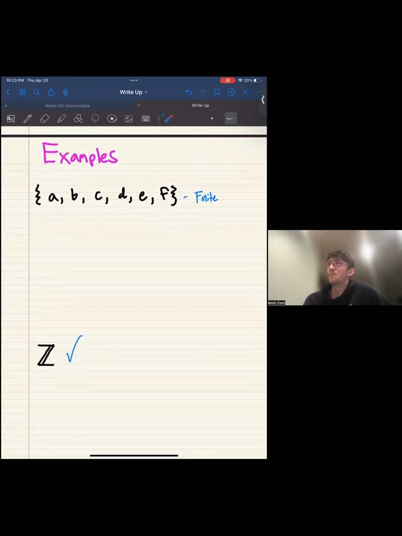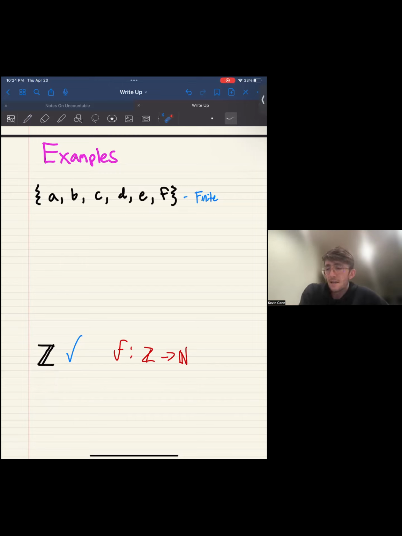So the idea behind the function that brings Z into N is to map all of the negative numbers to the odd numbers, and all of the positive numbers to the even numbers, or vice versa, or what have you.